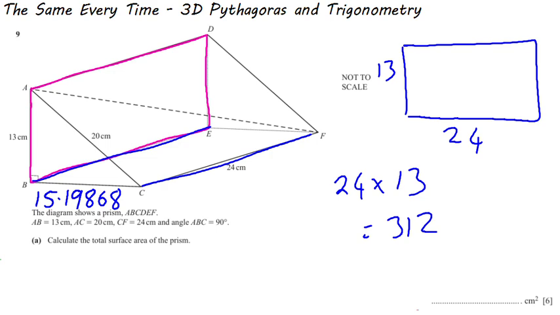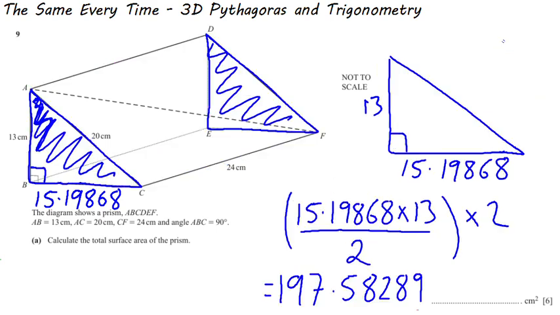So now to find the total surface area, all we have to do is add together the area of all of the surfaces. So here we go, the area of the 2 triangles, the front and the back triangle. Remember, I did multiply by 2, so this does include the 2 triangles. We need to add that together, 197.58289.